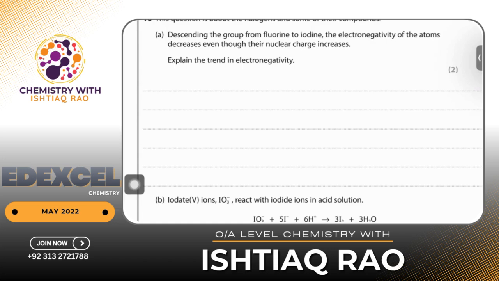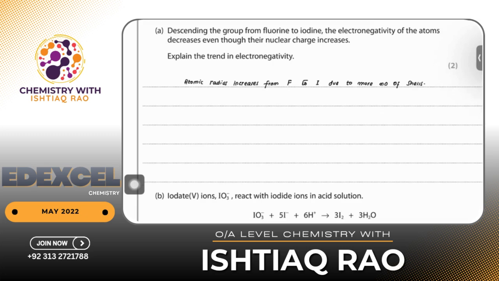Atomic radius increases from fluorine to iodine due to more number of shells. More number of shells means that the distance between the electron and the nucleus would be higher.